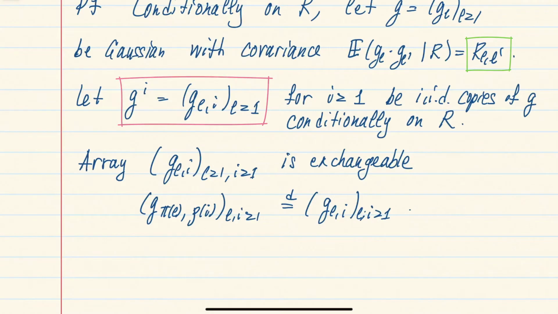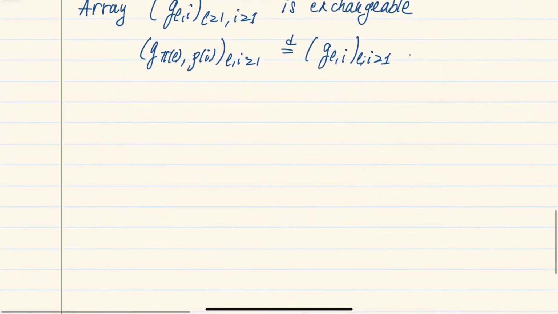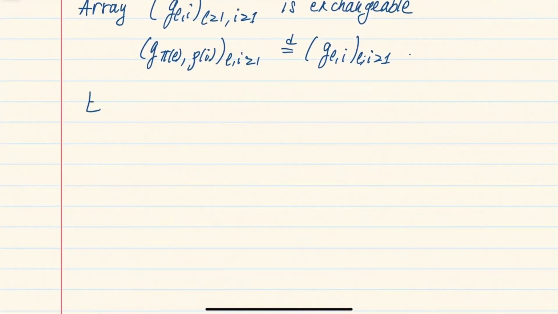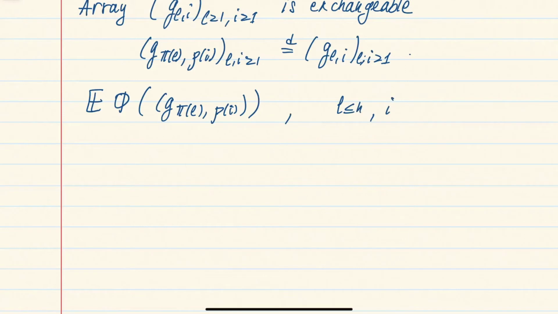Okay, maybe to write this out a little bit more carefully, let's compute an expectation of some function that depends on finitely many coordinates in this array. So let's say after we apply these permutations, I'm not going to write the indices l and i here, but let's say that this function depends only on n rows and q columns.